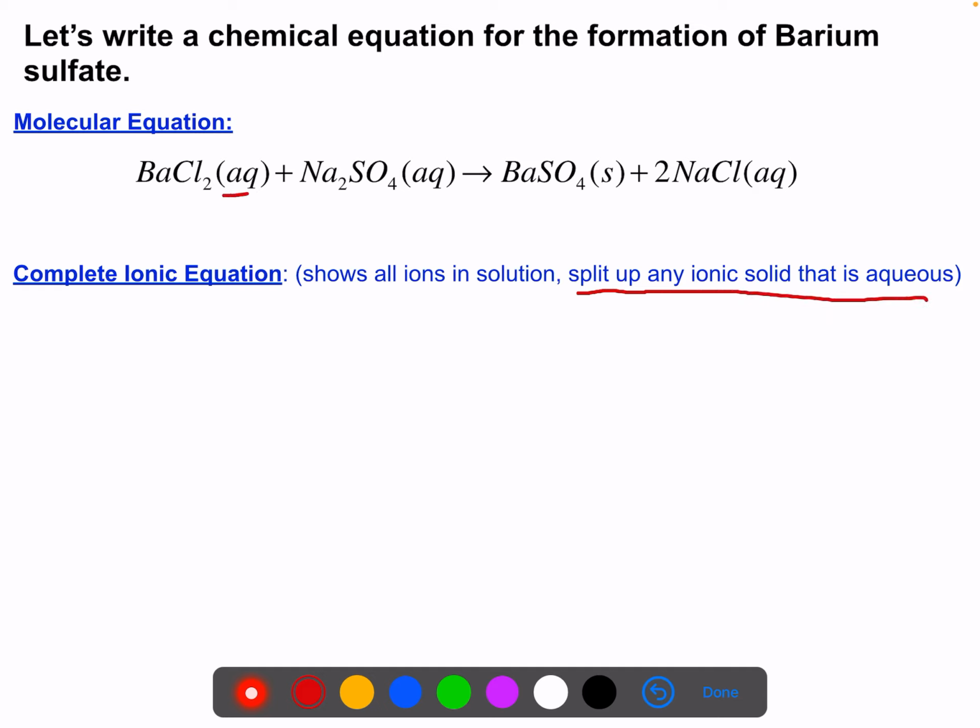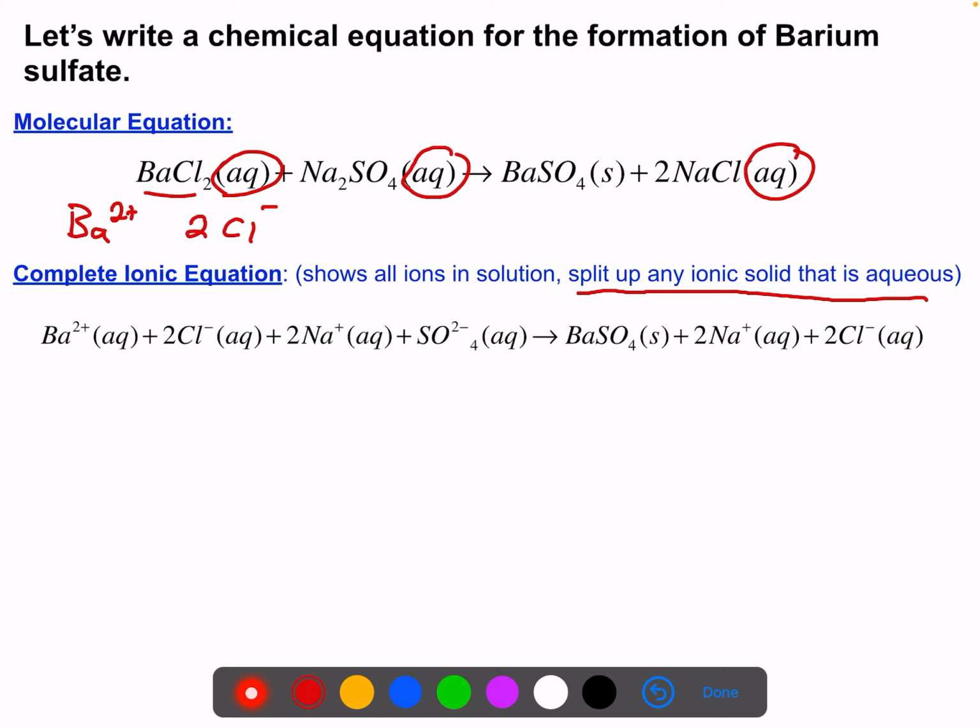So anytime we see an aqueous, we're going to write it as it exists in solution. Because we know in solution, barium chloride doesn't exist as BaCl2, it exists as Ba2+ and 2 Cl minuses. So the complete ionic equation is going to show that, and it's going to look like this.